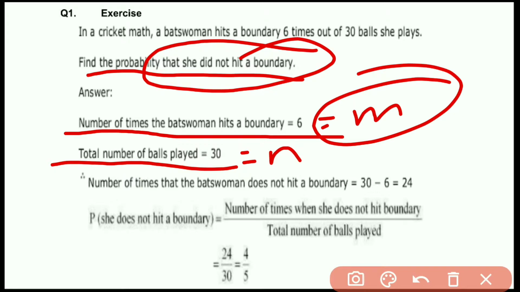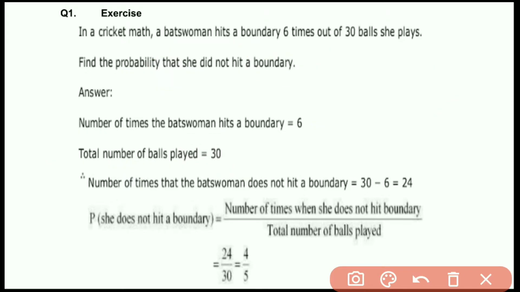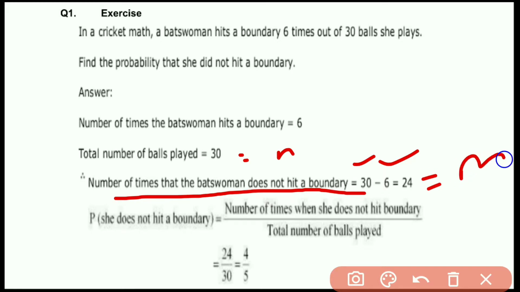If the player does not hit the boundary, then M is the number of balls on which the batswoman does not hit the boundary. Total balls played are 30, out of which 6 balls were hit over the boundary. So the non-boundary balls will be your M, that is 24. That is the probability we have to find, that the woman does not hit the boundary.